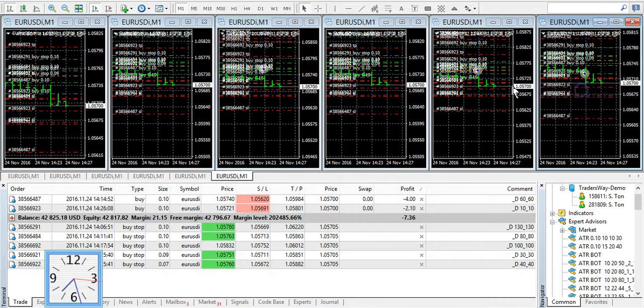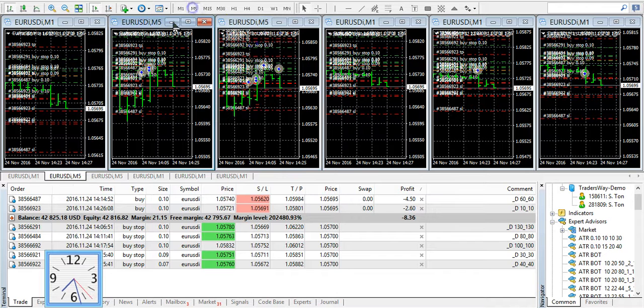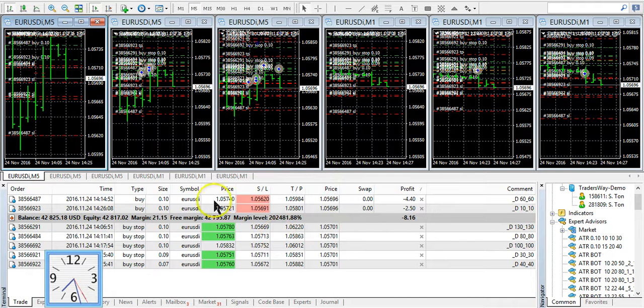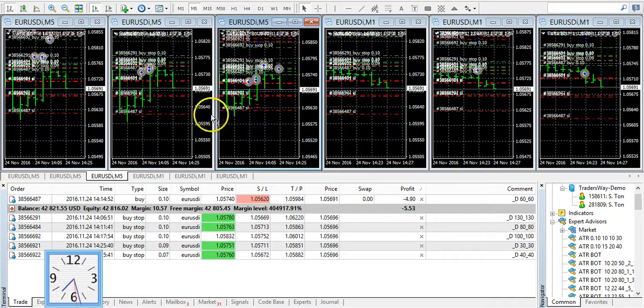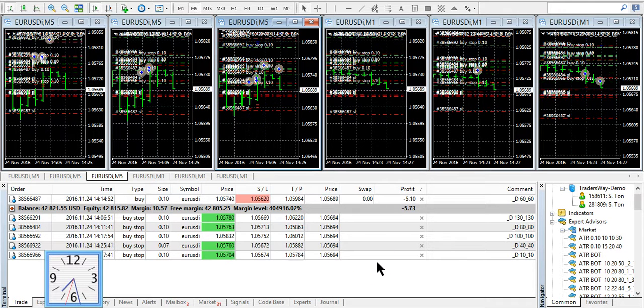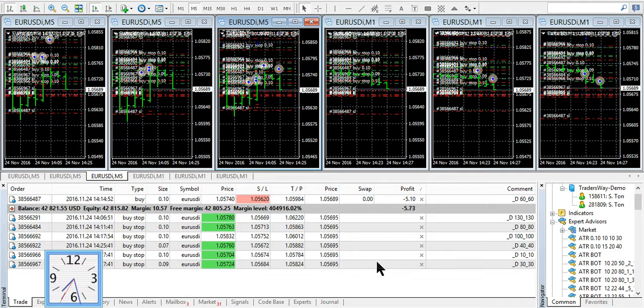So maybe it's okay to have 2 guys on the 1 minute and these guys are on, say, the 5. But you can see that it's a bottomless pit of stuff. And how tight is this? Well, you'd have to figure that all out, right? You have to draw a line and figure out the amount of total risk, all that nonsense.